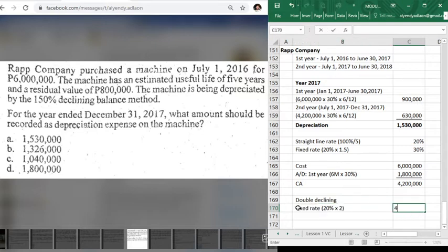Okay, so pag double declining, 40% ang ato nga rate. Okay, 20% times 2, that is 40%, if double declining. Now, I guess wala naman po ang mga pangutana, no? Let's proceed to the next problem.